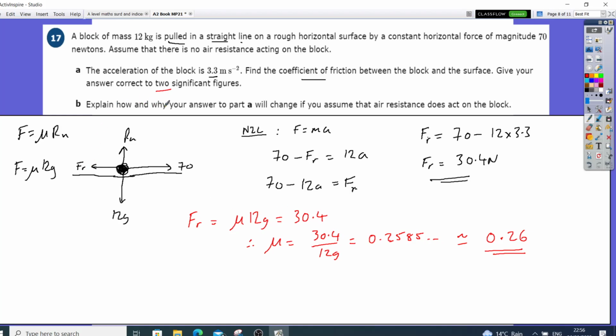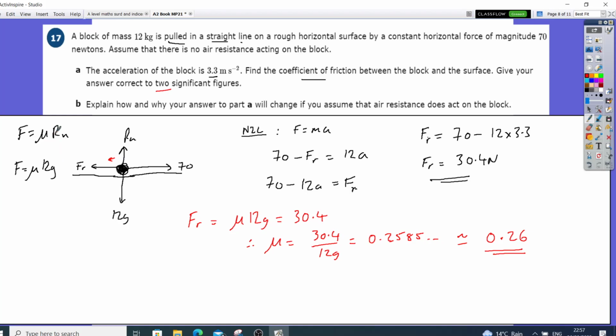And second part, explain how and why your answer in part A will change if you assume that air resistance does act on the block. Well, we've got friction only acting, but if we also have air resistance acting, the overall friction here will be reduced because you've got other forces.